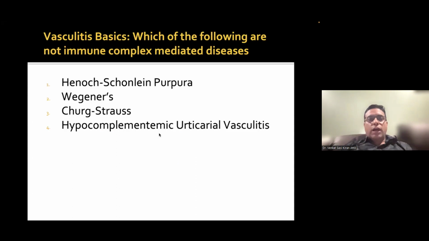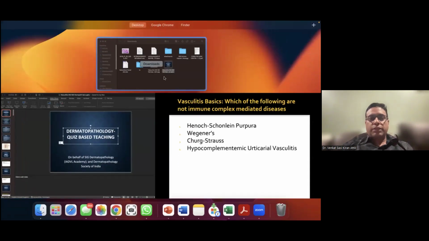Which of the following are not immune complex mediated diseases? Your options are Henoch-Schönlein purpura, Wegener's granulomatosis, Churg-Strauss syndrome, or hypocomplementemic urticarial vasculitis. Which are not immune complex mediated diseases?